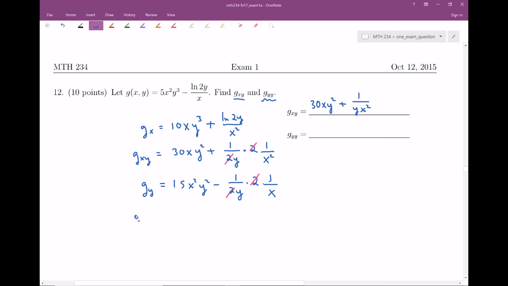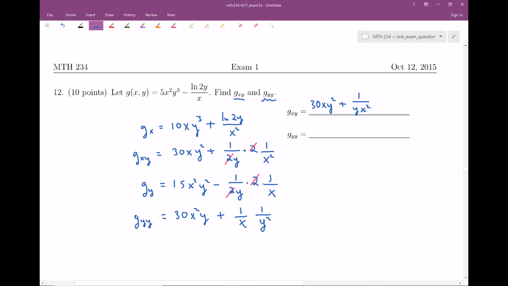So if I was to then take a second derivative, also with respect to y, it looks like I'm getting 30x squared y. So similar to this other one, but not exactly the same. And then if I take the derivative here, again, the 1 over x is along for the ride. If I'm taking the derivative of y, right, this is y to the negative first power, so that negative is going to come down. It'll cancel with this other negative. And so I'm going to have 1 over y squared, right?